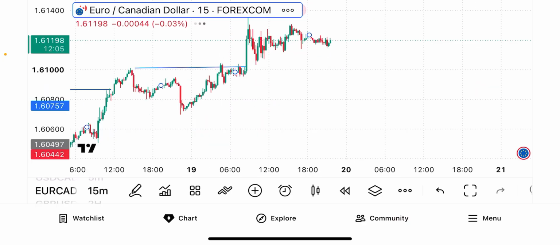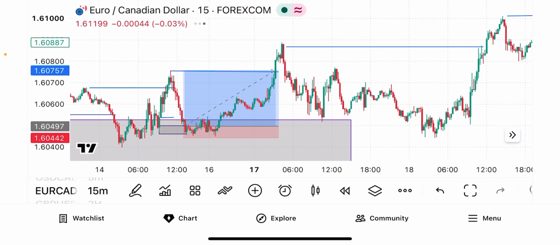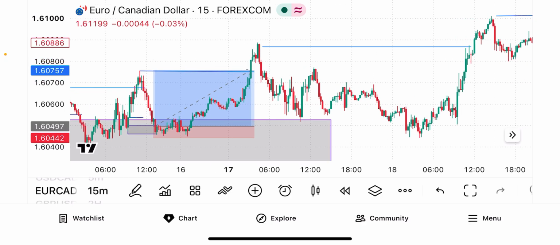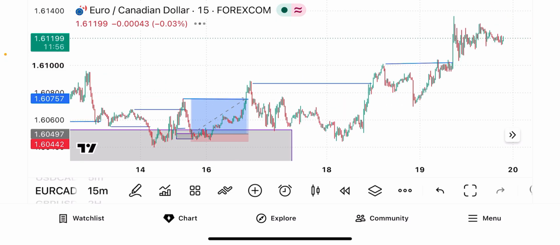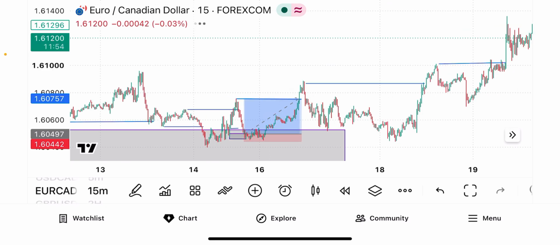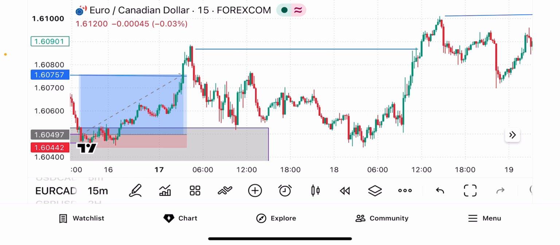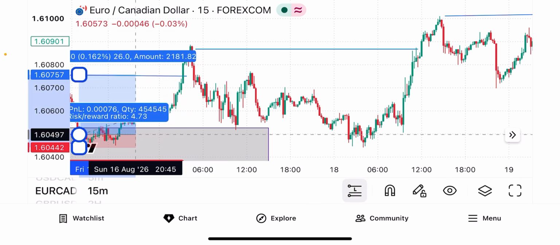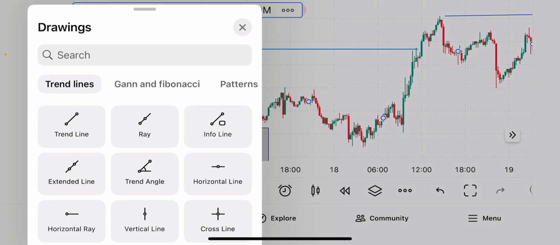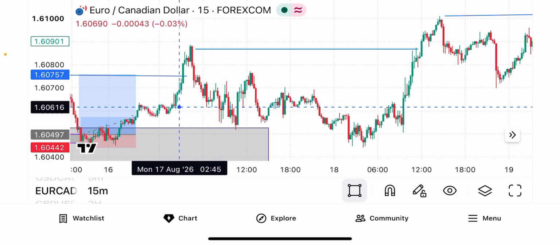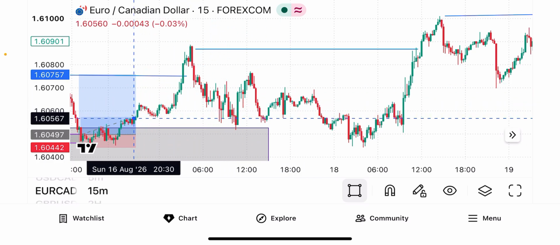Now there is another opportunity here. After the first one we got here, I took another buy, which ended in a loss. I think I used this order block here as a re-entry for it.